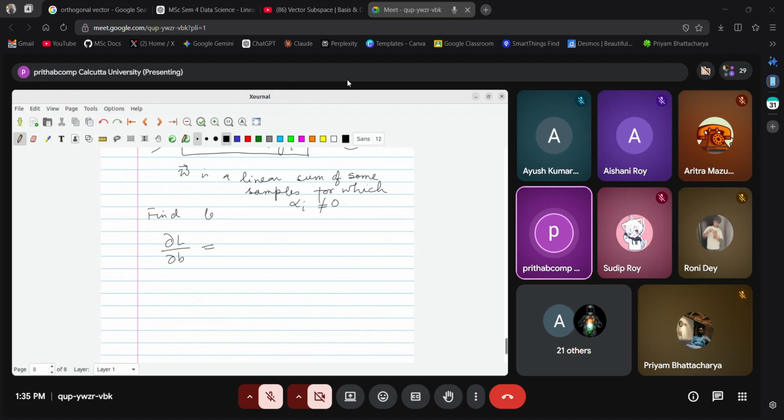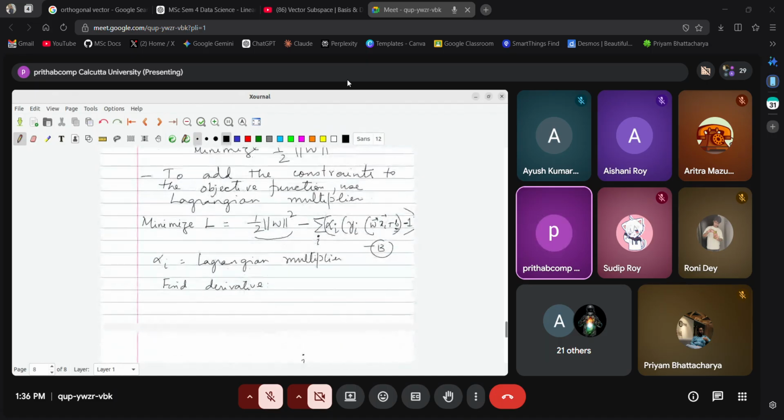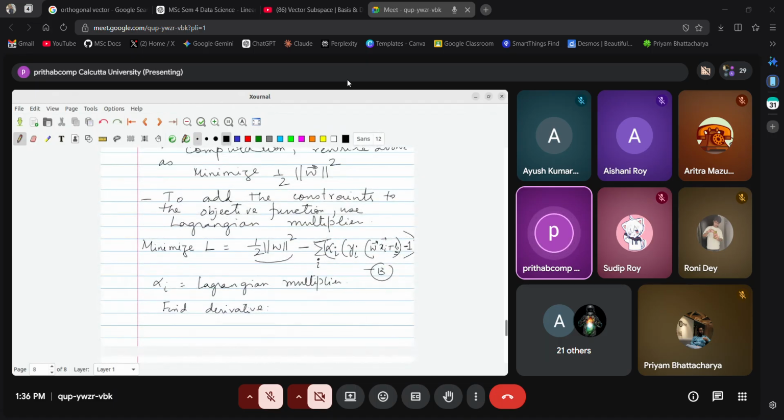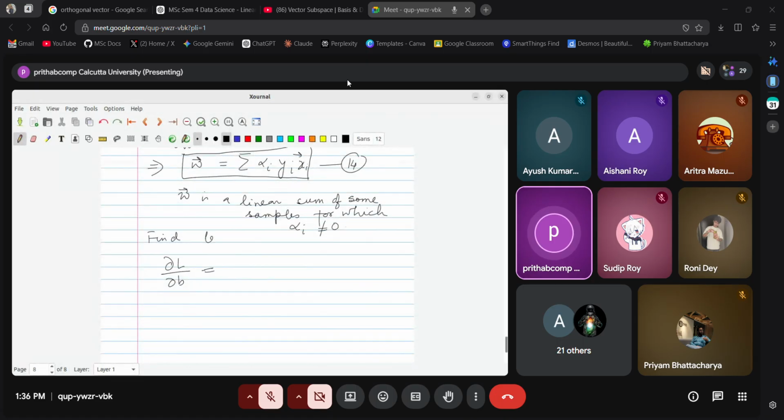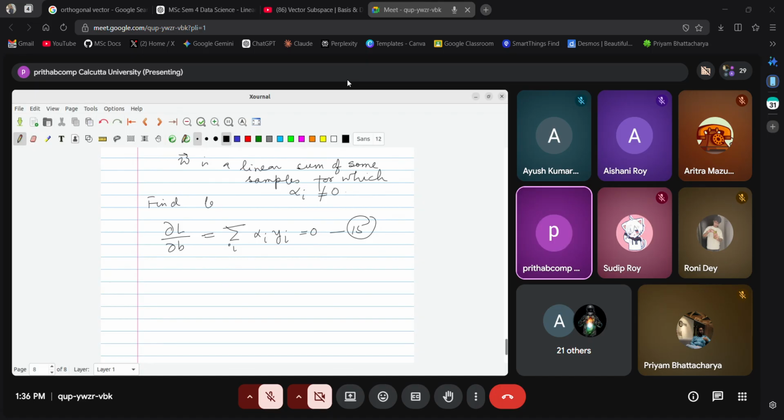If you apply this derivative, look at this part of it. It will be alpha i and yi, that's it. The rest of the things become 0 when you take the derivative. So it becomes the summation over i of alpha i yi, and we have to equate it to 0 to get the value of b.